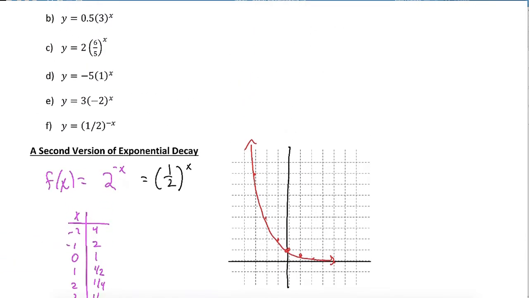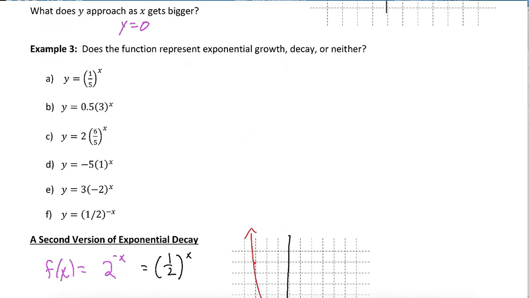So there are two ways to recognize it in the equation. And so one of your jobs is often to identify very quickly whether a function is exponential growth, decay, or neither. All you're looking for is, is the base a fraction less than 1 or bigger than 1? Is the exponent by itself, or does it have a negative in front of it?